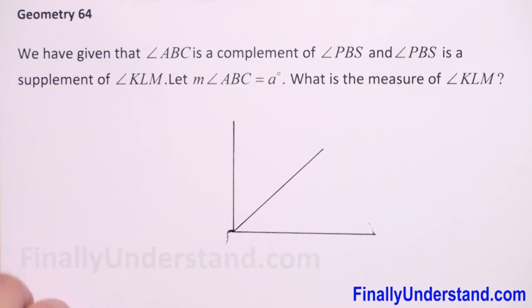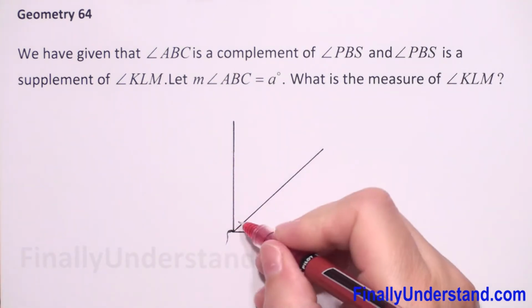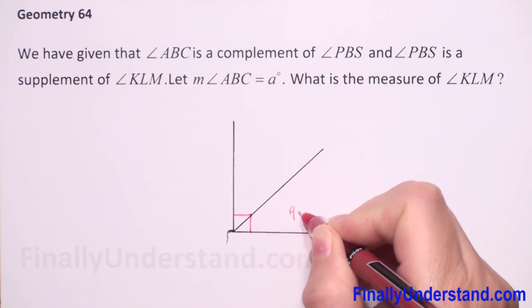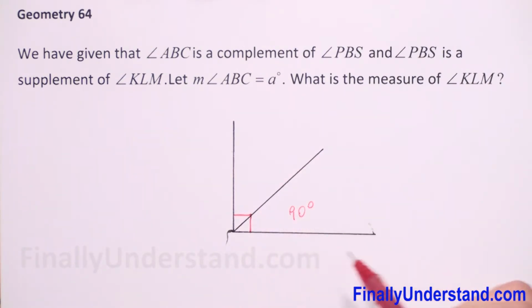This is our angle 90 degrees, because angle ABC is a complement of angle PBS.